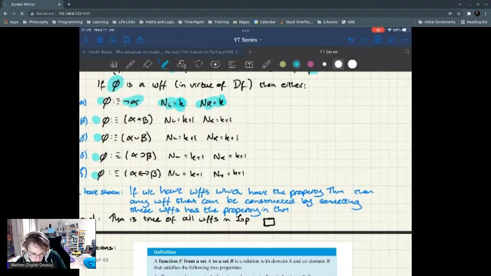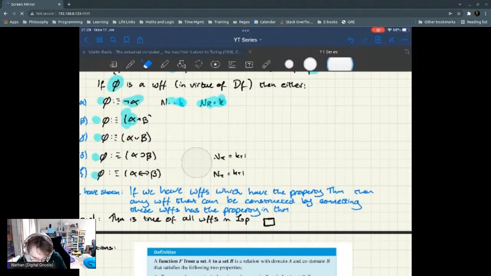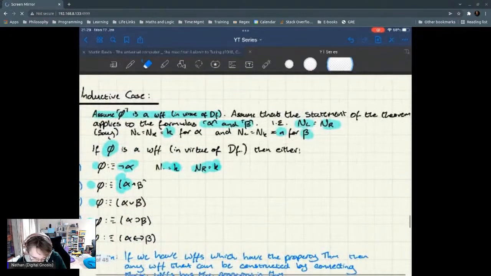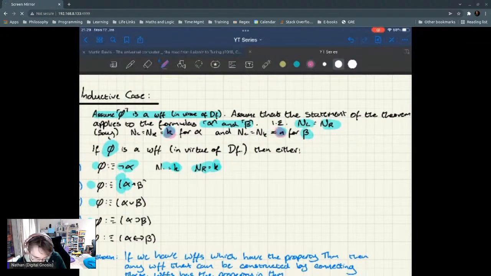So we have in our alpha case that the number of left-hand brackets is going to be k plus 1. So that's because we're adding that bracket. The number of right-hand brackets is going to be... This was a bit silly, actually. I'm going to erase that because what I didn't think of... Let's rethink. You see how I defined that as k and that number as n.